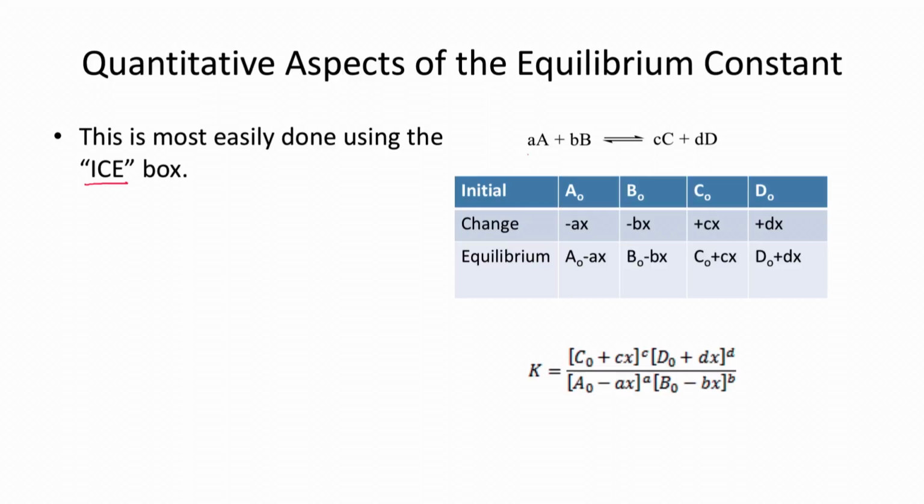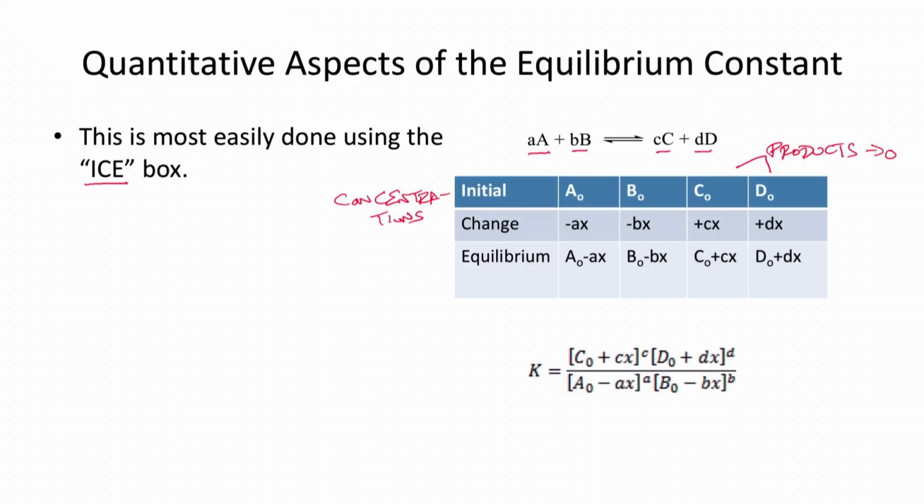Okay, a moles of A and b moles of B are in equilibrium with c moles of C and d moles of D. So the initial concentrations of these things might be A0 for A, B0 for B, C0 for C, and D0 for D. Usually, but not always, for the products, the initial amounts are going to be 0. Again, they don't have to be, but usually it is.